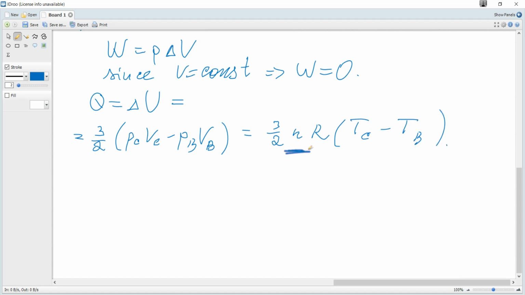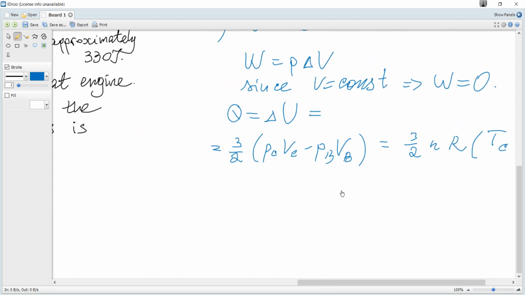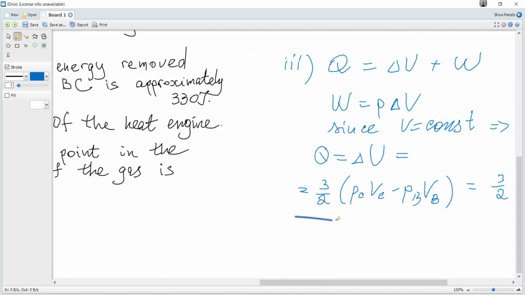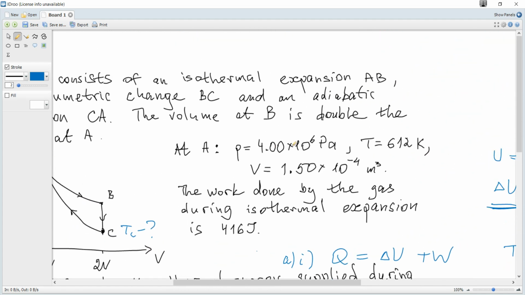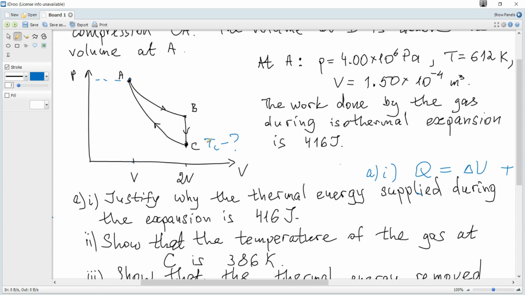If the number of moles or mass were given, we could apply this formula. You can see that for A everything is given: pressure, temperature, volume.